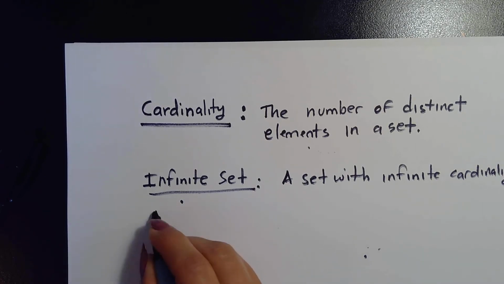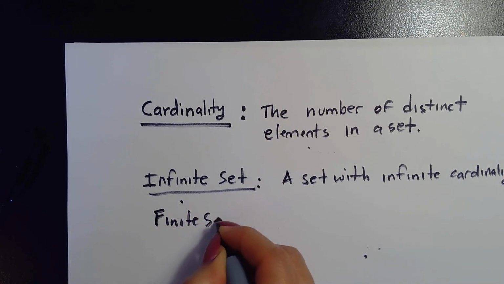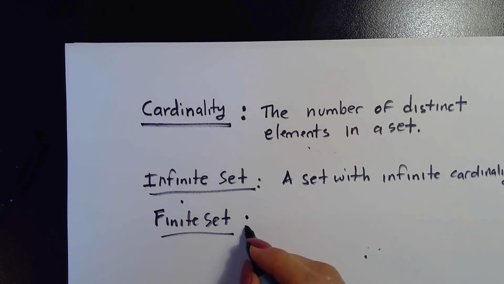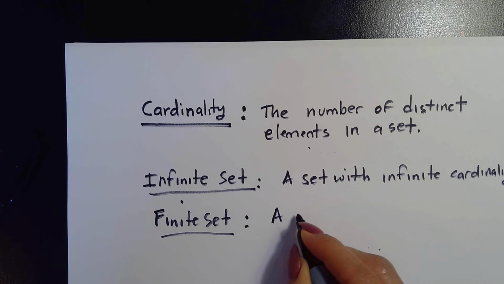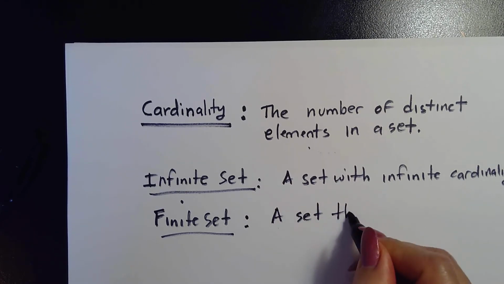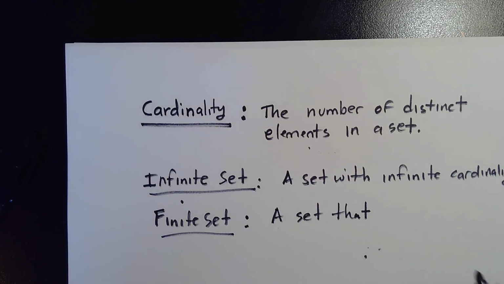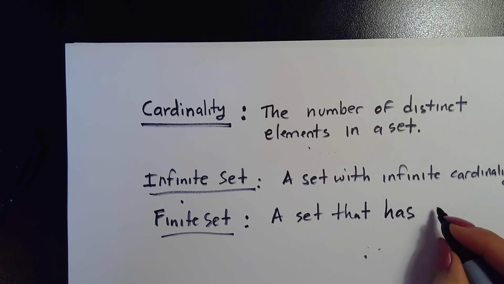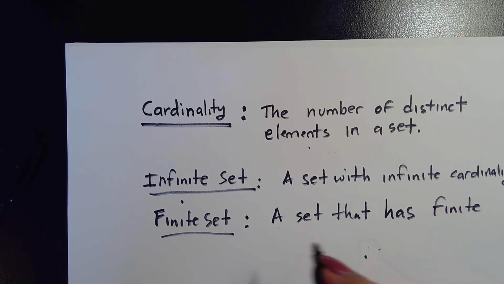Okay, and a finite set is a set that has finite cardinality. What does that mean? That has finite cardinality.